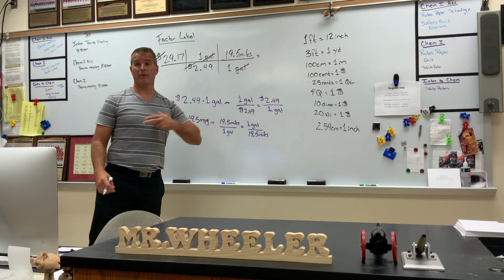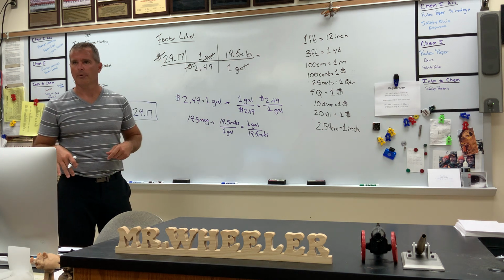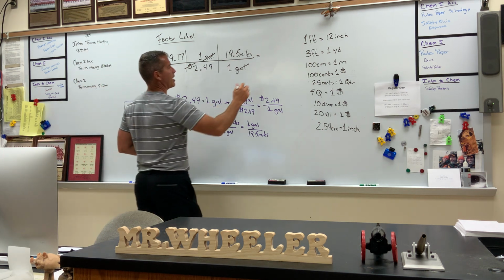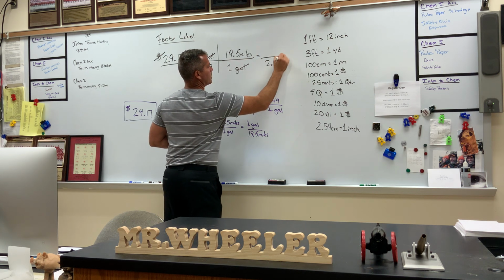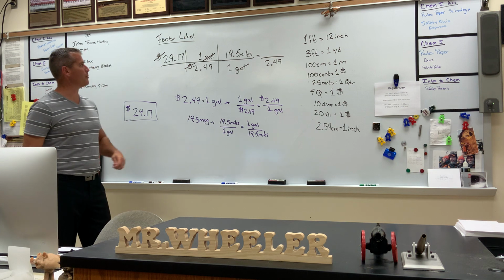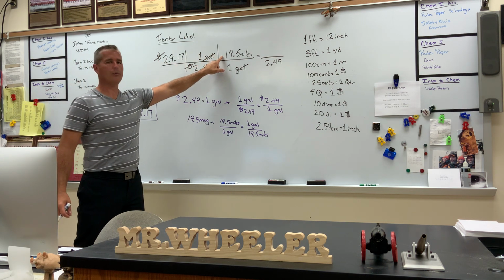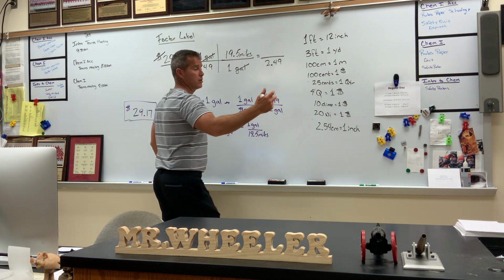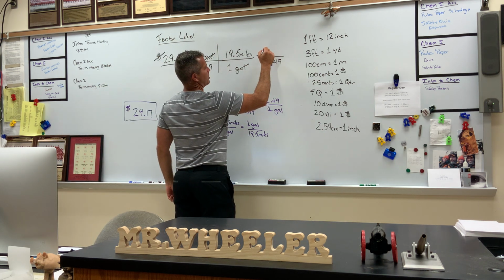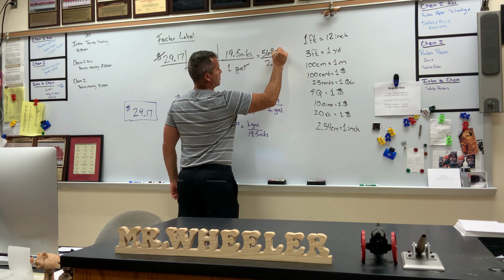The first question I was nice and gave you the top number. I'll reverse it today and give you the bottom number this time. That's the kind of guy I am. What's our top number? 29.17 times 1 times 19.5 is 568.81 or 82 actually.